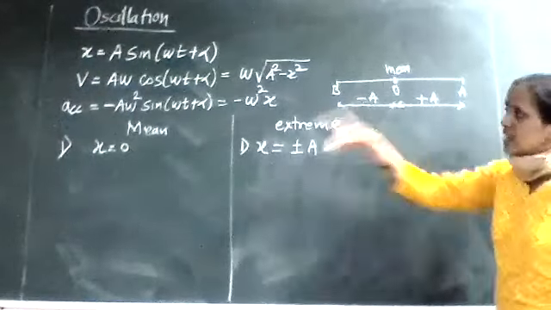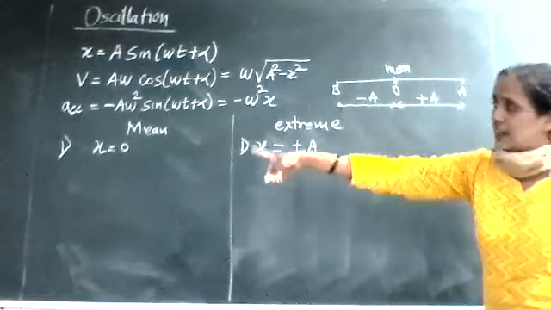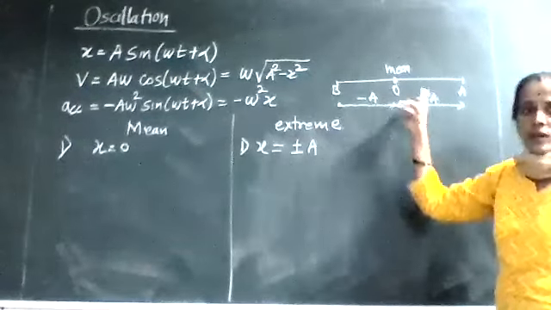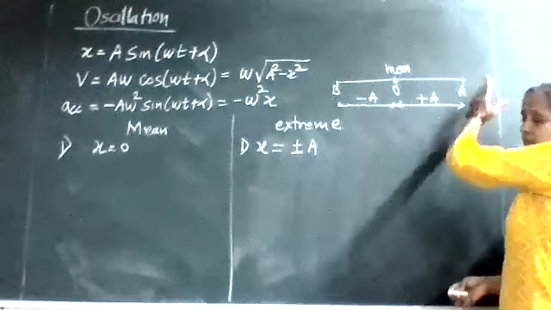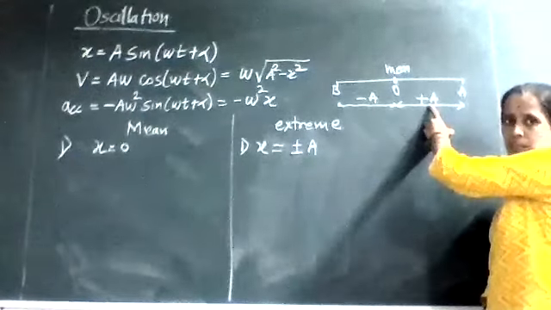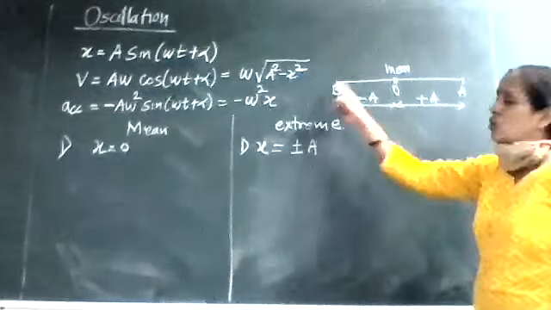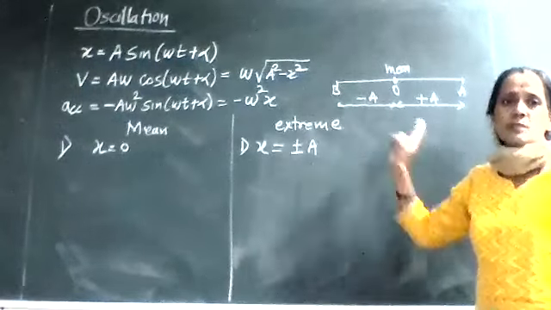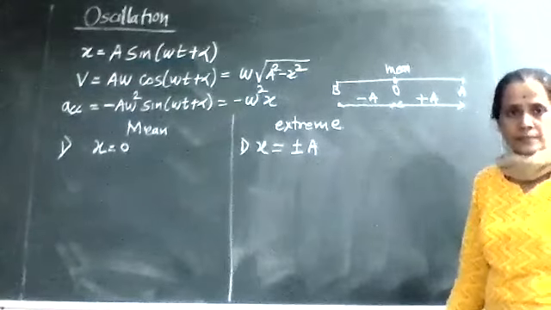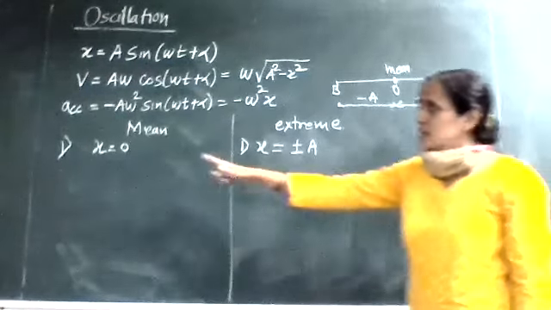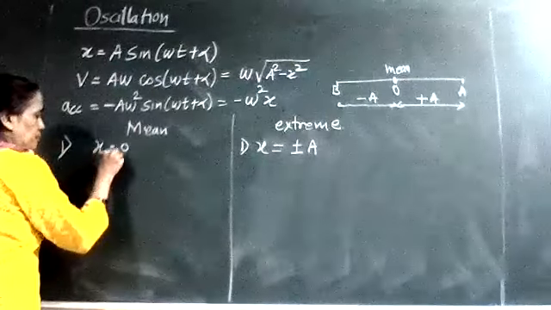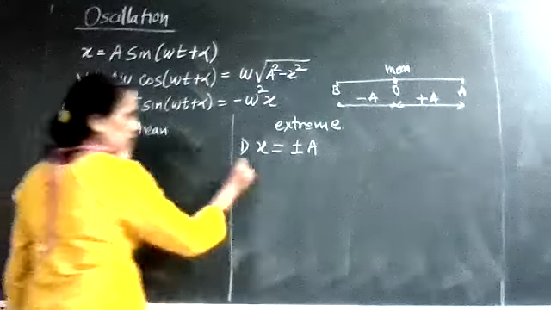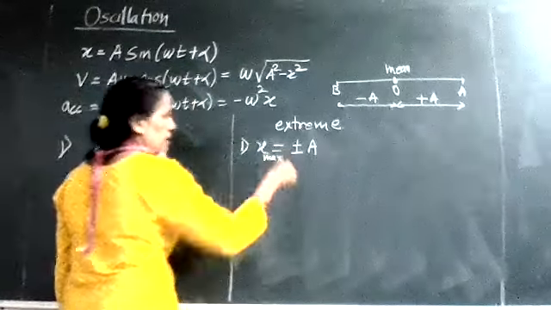Fine? That is at mean position, x is equal to 0. When your particle will go to A, its displacement is plus A. When it goes to B, its displacement is minus A. Clear? So at mean position displacement is minimum, and at extreme position your displacement is maximum.